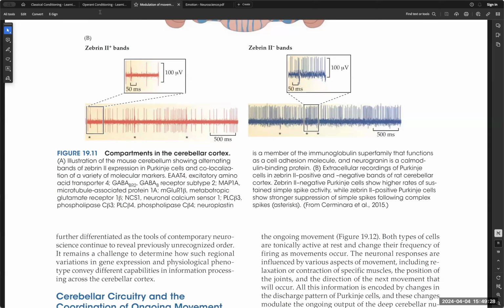Okay, and ultimately we are looking at molecular markers here, like what we did with D1 and D2 in the striatum. We're trying to find something similar here. Using these molecular surface markers that co-localize on the Purkinje cells, can we find different functional subclasses of Purkinje cells?